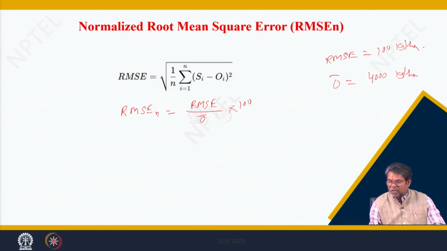So you can calculate RMSEn as 100 by 4,000, converted into percentage. How much percentage?